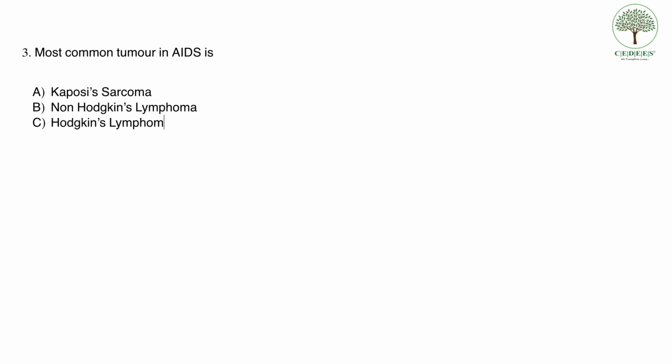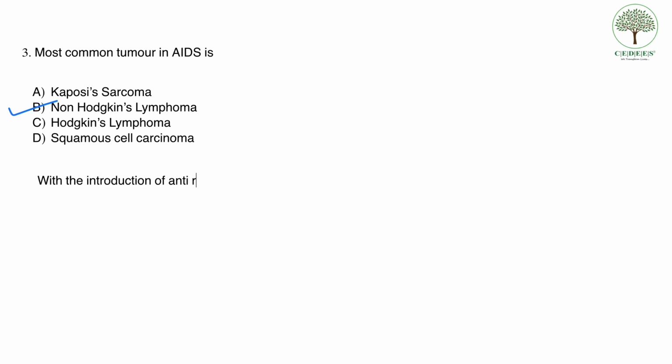Our third doubt is: most common tumor in AIDS is, and your options are: A, Kaposi's sarcoma; B, non-Hodgkin's lymphoma; C, Hodgkin's lymphoma; D, squamous cell carcinoma. The correct answer here is going to be B, non-Hodgkin's lymphoma.